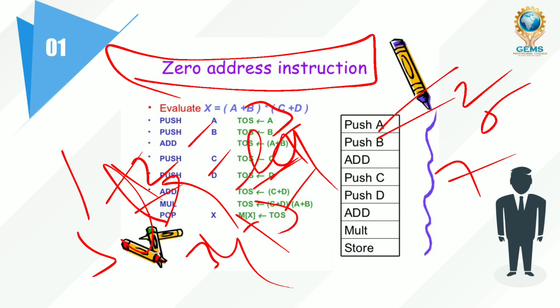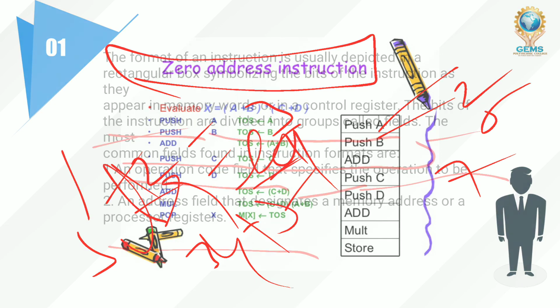If they use three references, we call it three address. If they use two, we call it two. If they use one, we call it one. And if they are not using any, zero. These are the four kinds of address instructions that are used in computer organization and architecture.